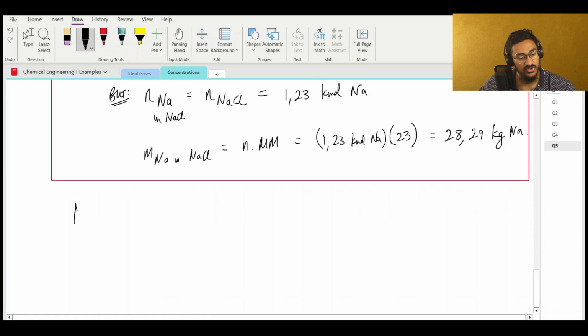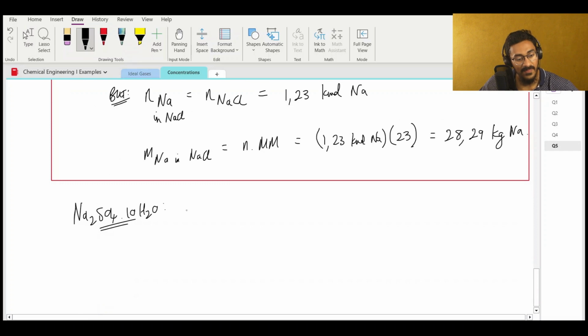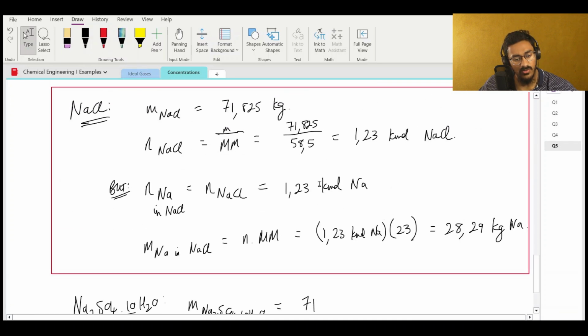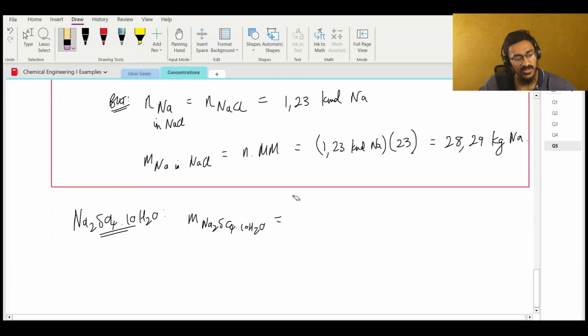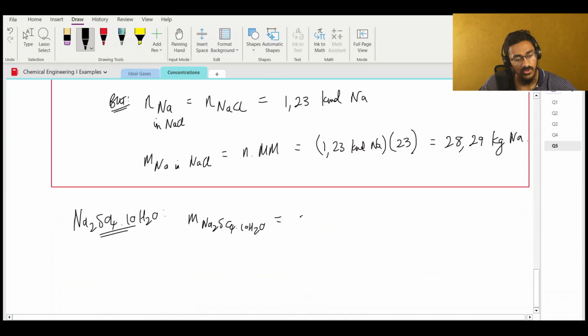Okay, now let's talk about Na2SO4.10 waters. Wow, I'm so tired of writing this already. Okay, so I know that the mass of sodium sulfate with 10 waters was equal to 28.125 kilograms.